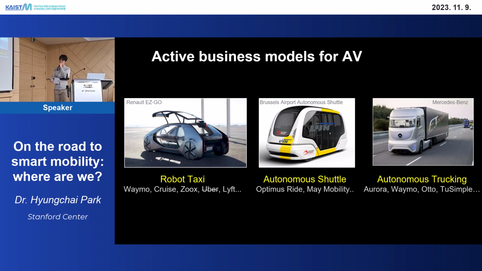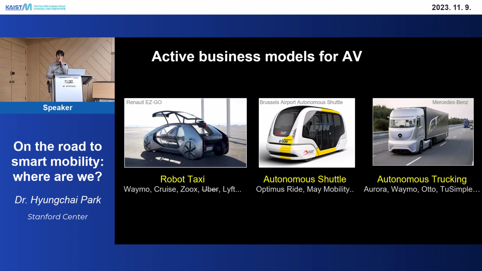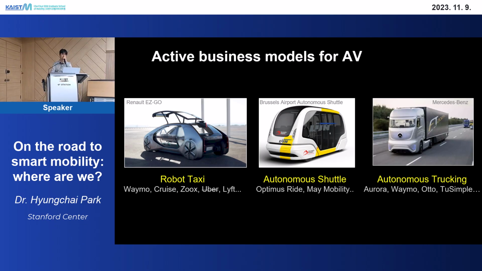And actually, autonomous trucking. How large a percentage of logistics is done by trucking in the US? Can you guess the number? Yeah, say any number, you can guess. Almost 70% of goods transport in the US is carried by trucks from one state to another.